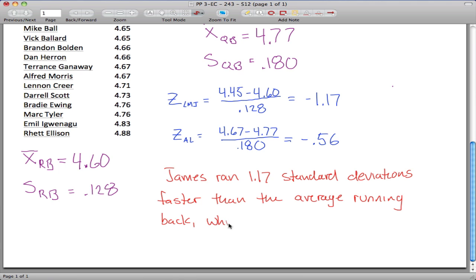While Andrew Luck, maybe Luck to be consistent, well, Luck only ran 0.56 standard deviations faster than the average quarterback.